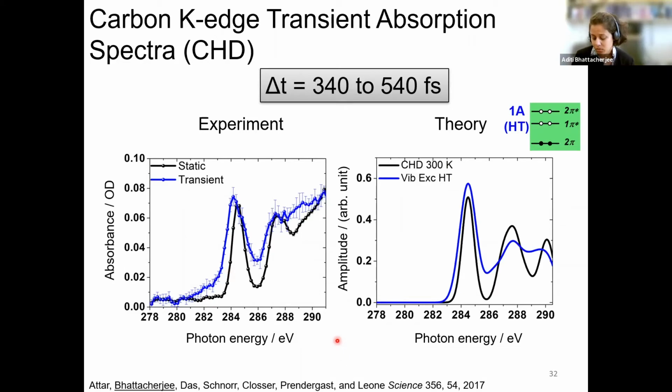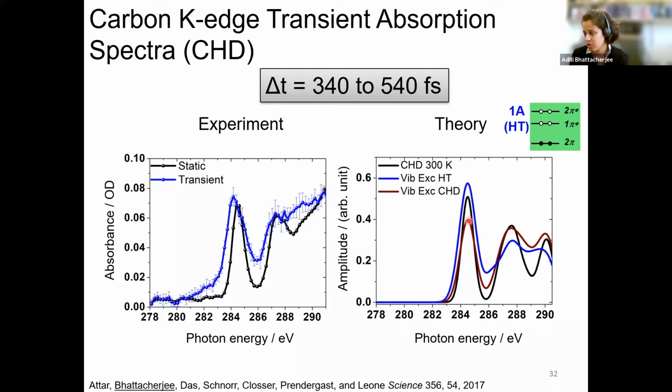I will not discuss the details of the calculations, but what I do want to discuss is that we argued that even in the limit that all the molecules come back to the closed ring form, this would lead to vibrationally excited cyclohexadiene. More Franck-Condon transitions would open up, leading to a broadening of the peak and a strict decrease in the amplitude of the peak.